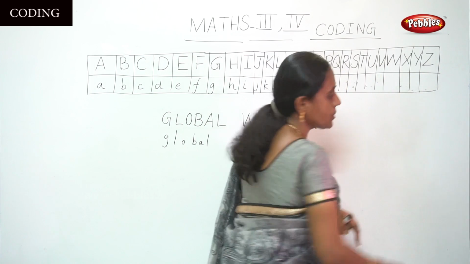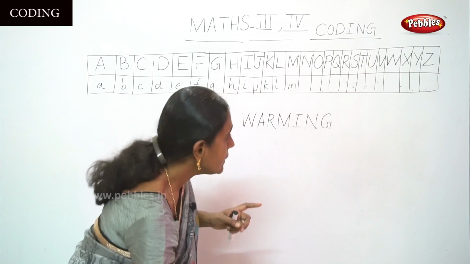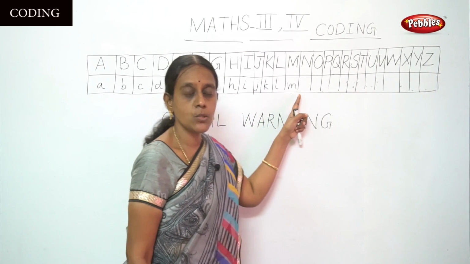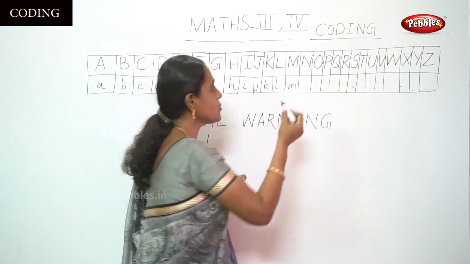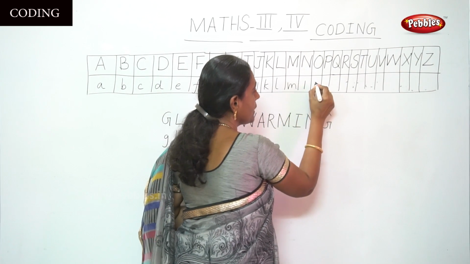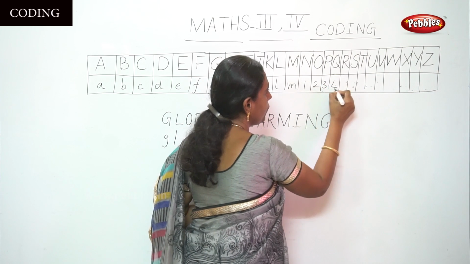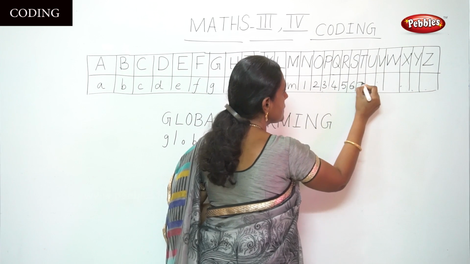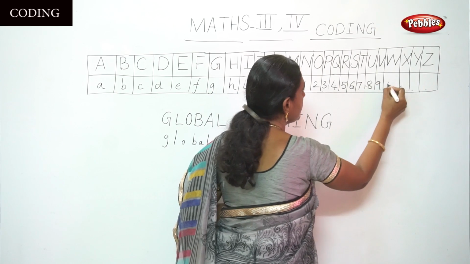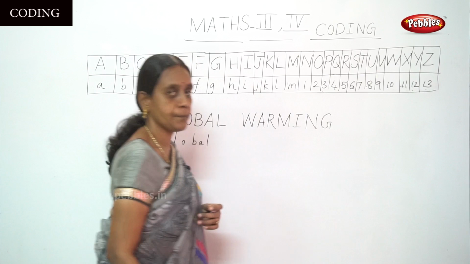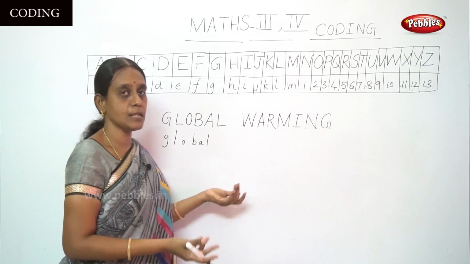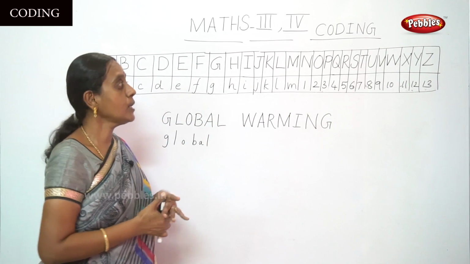For the small case letters from N to Z, we are going to write the numbers 1, 2, 3, 4, 5, 6, 7, 8, 9, 10, 11, 12 and 13. We can use numbers in coding too.